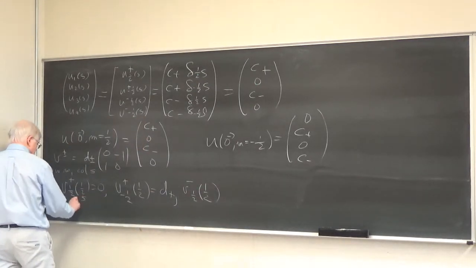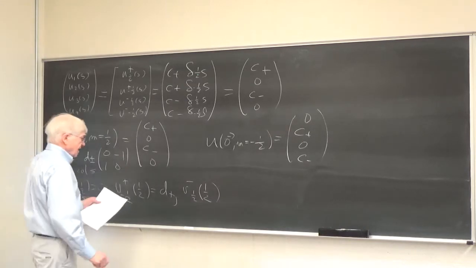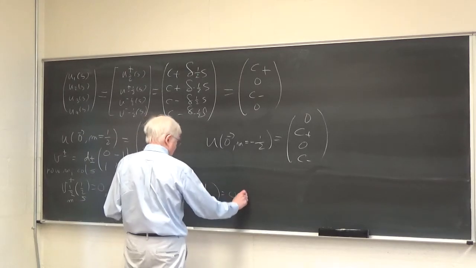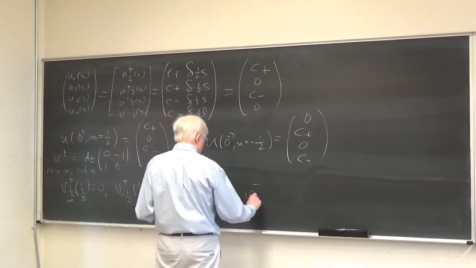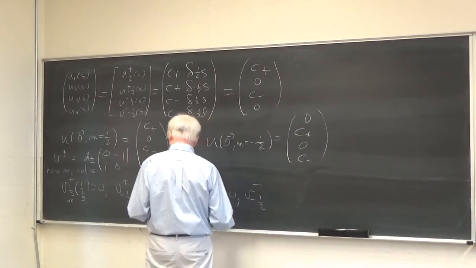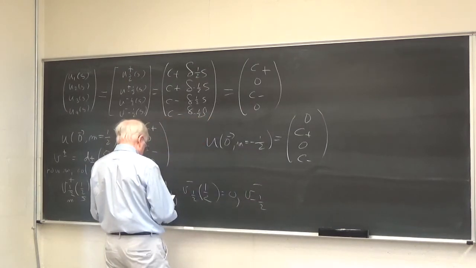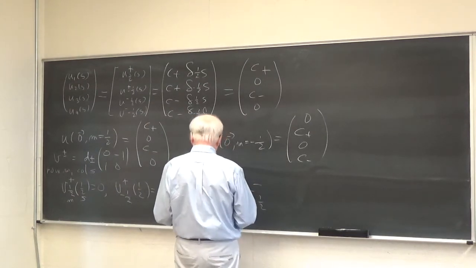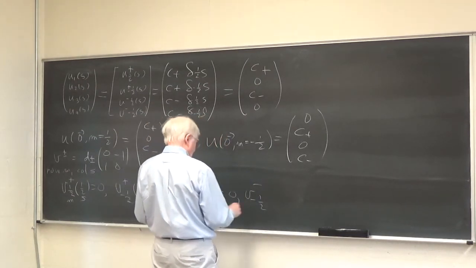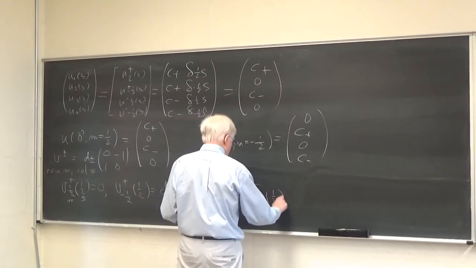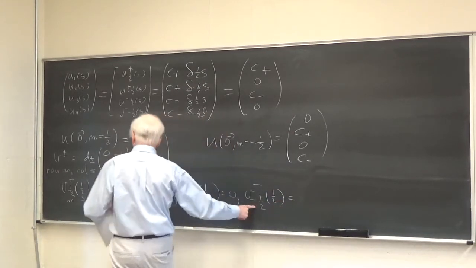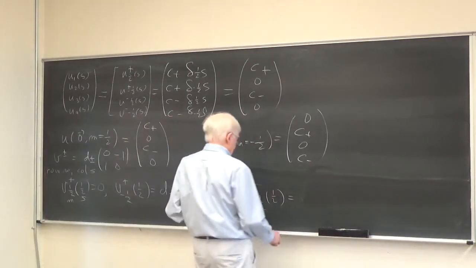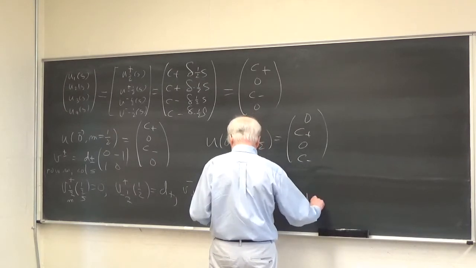This is S, and this is M. They have the same value, so it's 0. And then we have V minus of minus 1/2, 1/2. This is again the lower row, first position, so that is D minus.